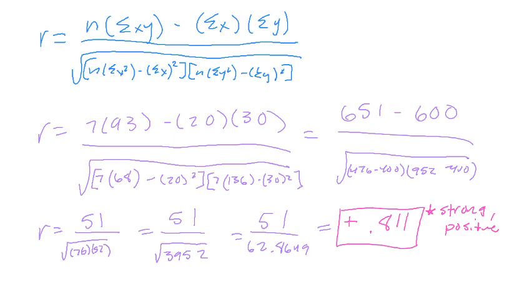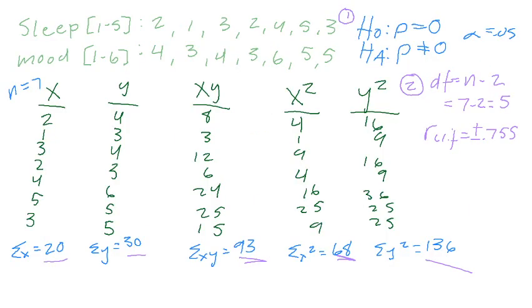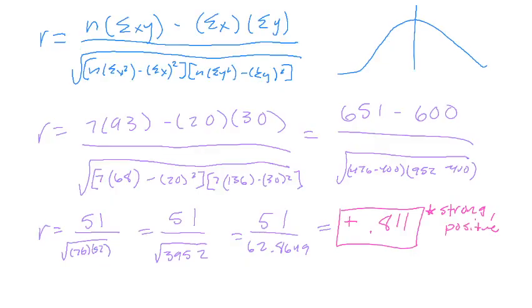It's strong, it's greater than about 0.7, and it's positive, meaning that there's an upward trend to the data. So if we go ahead and think about our cutoff score that we established, we were looking for something greater in magnitude than 0.755. And then we have our critical region over here. Did we fall into that critical region? I think we did, right?